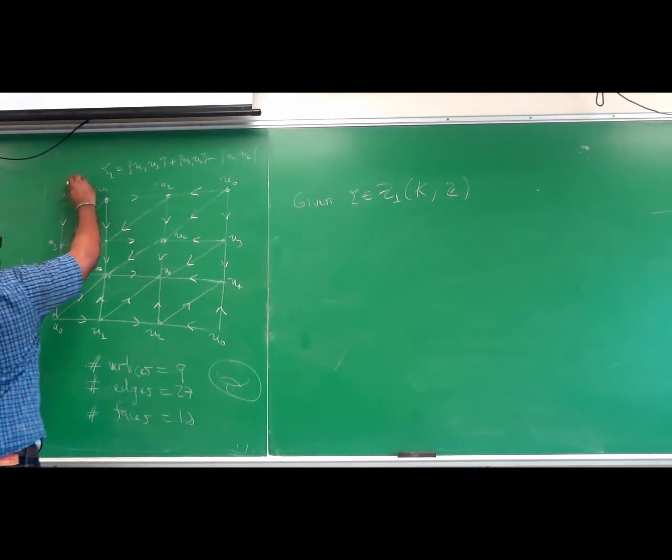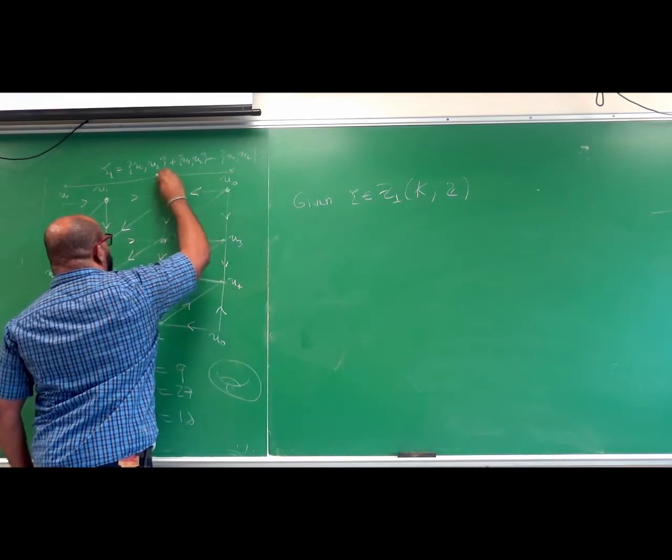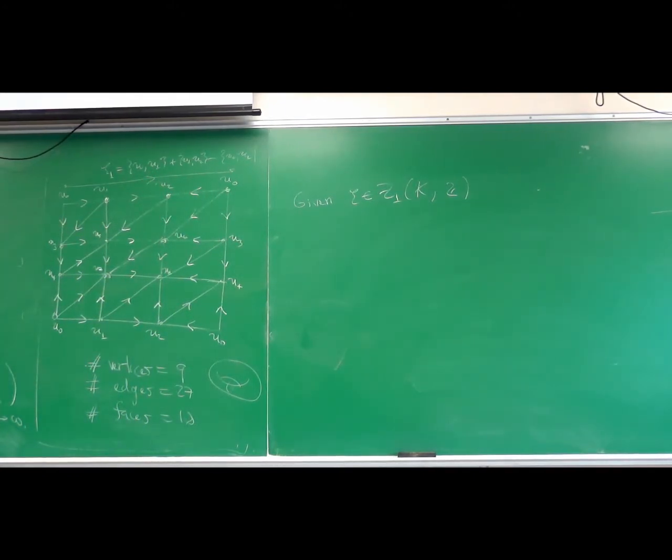So that's this guy. And then we have also zeta 2, which is this guy going down. So U0U3 plus U3U4, and then minus U0U4. So that'll be this guy going down.